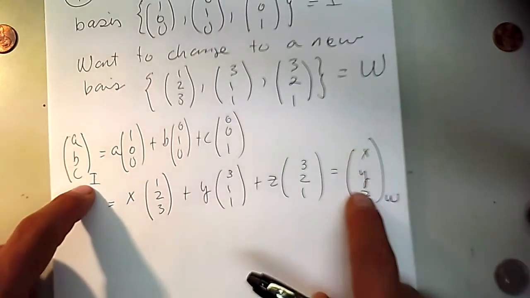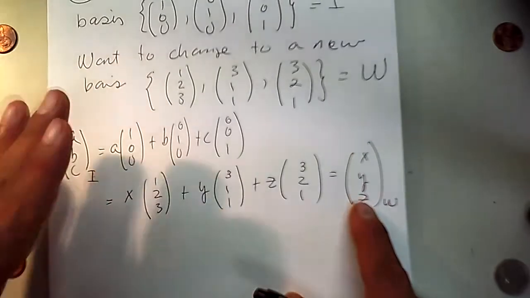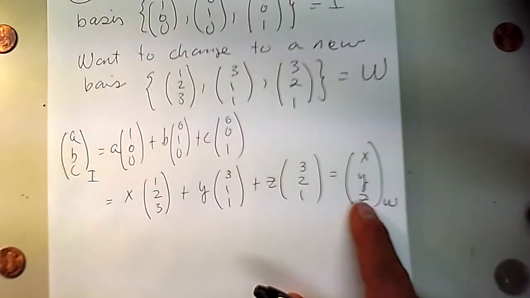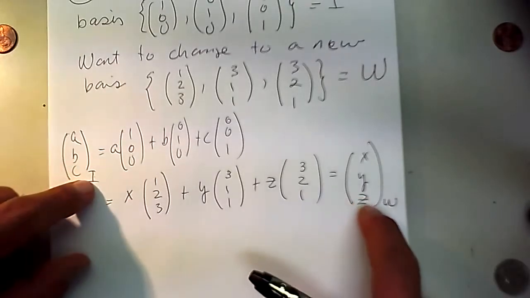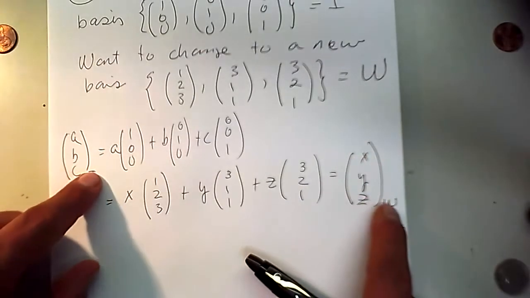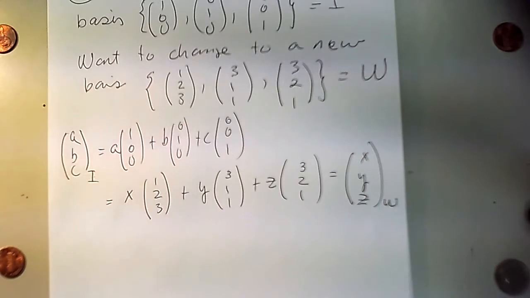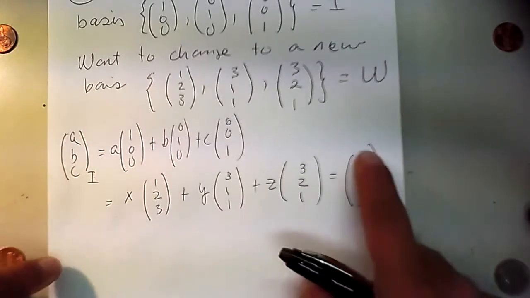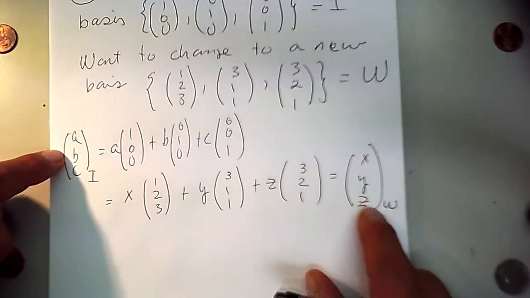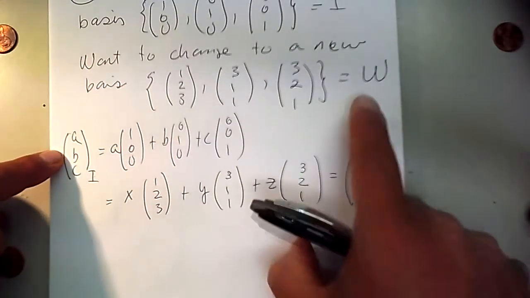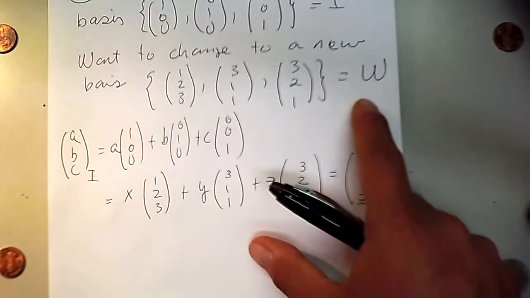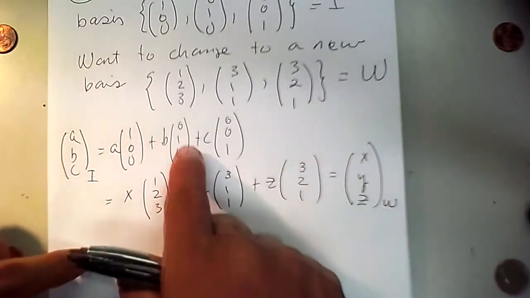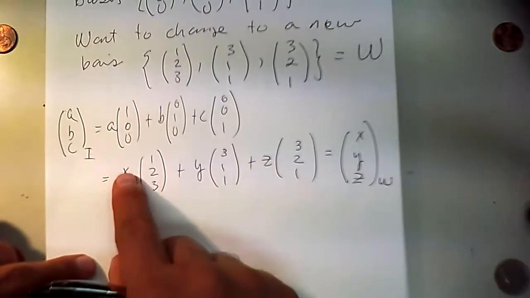Occasionally the coordinates will be the same. That would be a good coincidence. But generally speaking, the coordinates will change if the bases are different. So we want to know what the coordinates are for this same point ABC using this weird basis, which means we have to solve this equation for X, Y, and Z.